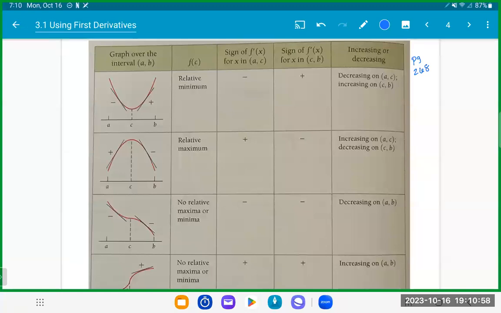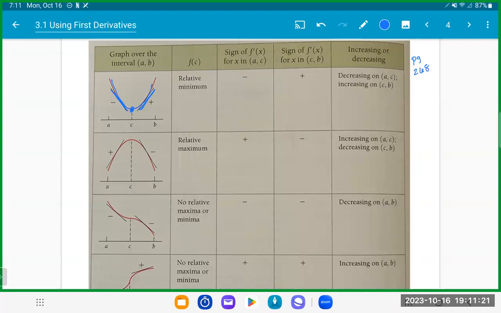So what this is saying is I have a relative minimum if I am decreasing from A to C and increasing from C to B. You can see that that means I have a minimum point on my graph, right?